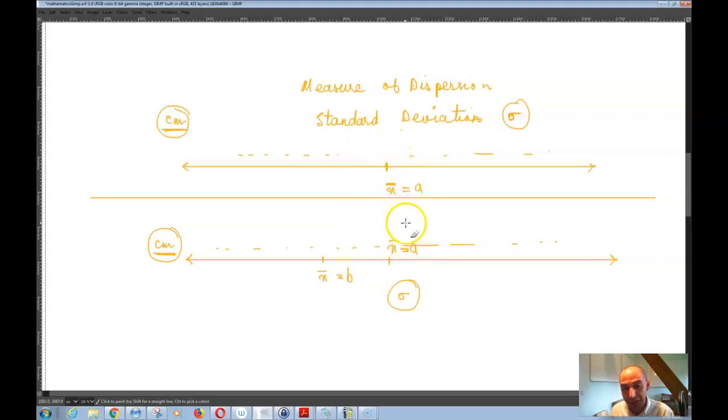Now, in case they have the same mean, I don't care what these units are. I somehow get rid of these two units, the unit from here and the unit from here, and then I will have some measure which is called the coefficient of variance.